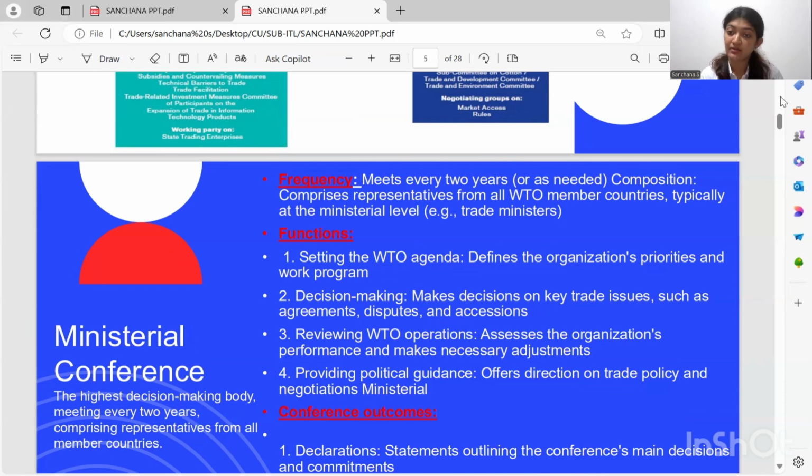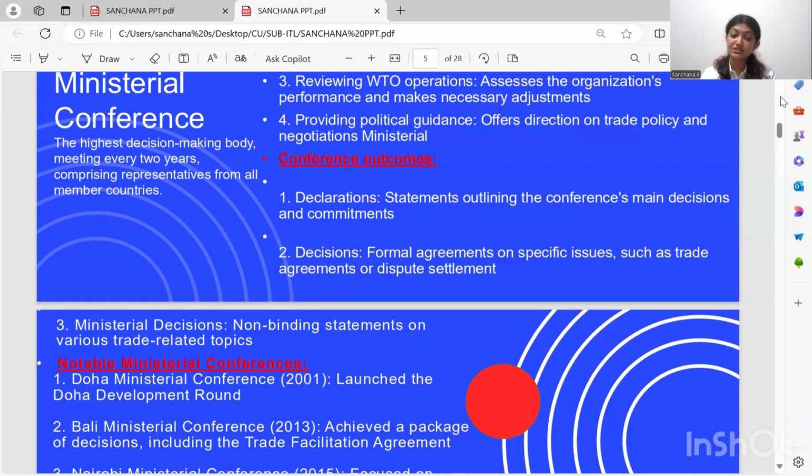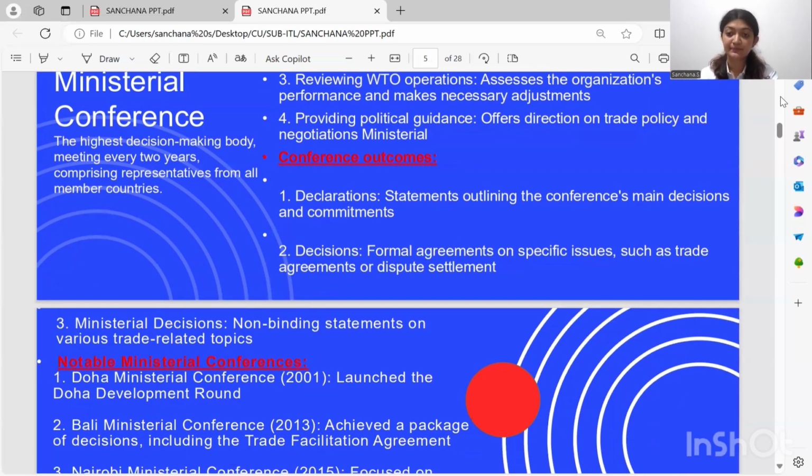Decision making, which is important to resolve trade-related disputes. Reviewing WTO operations and performance and making necessary adjustments. Providing political guidelines, offering direction to trade policy and negotiation. Conference outcomes: declarations, ministerial decisions.